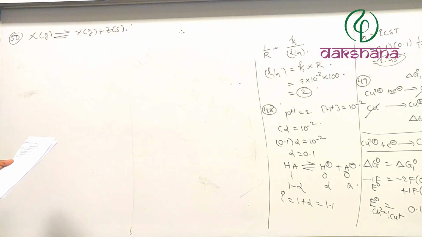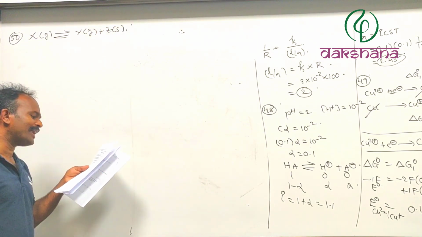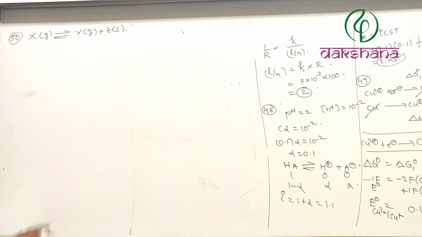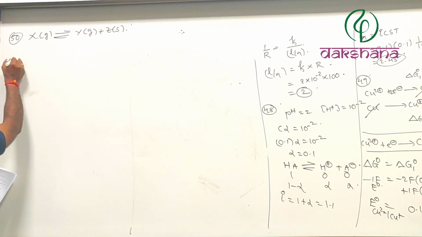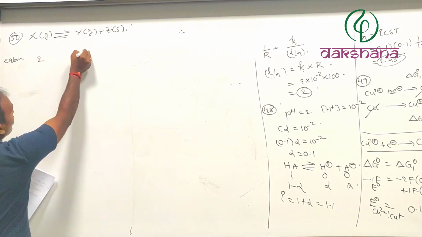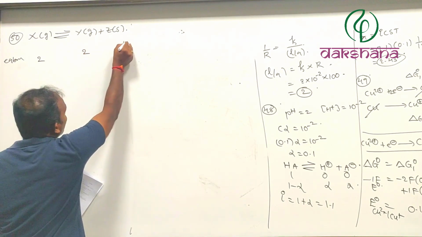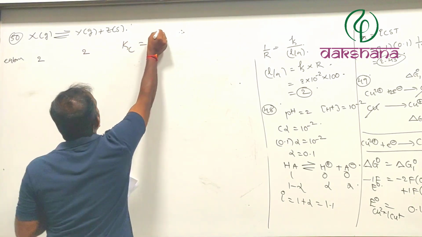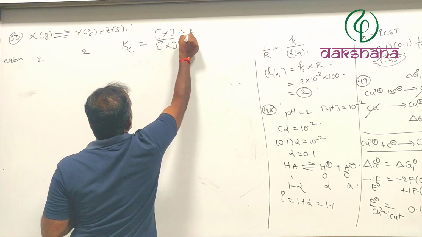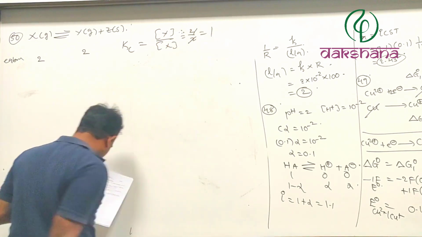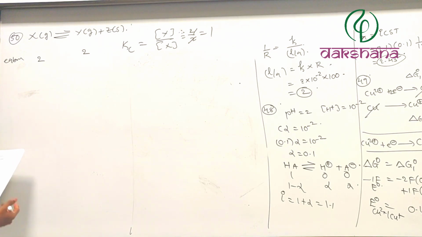The equilibrium concentrations of X and Y in the above reaction are the same, both 2 molar. This means Kc is equal to concentration of Y divided by concentration of X at equilibrium, 2 divided by 2, which equals 1. So the Kc value we found.